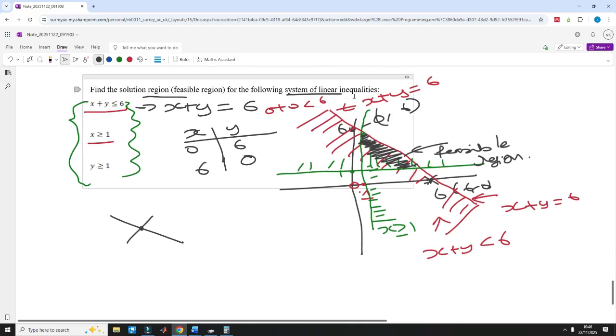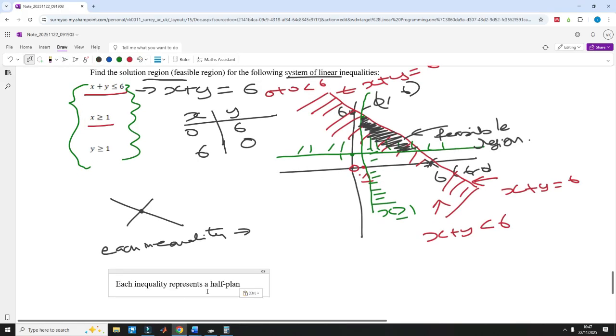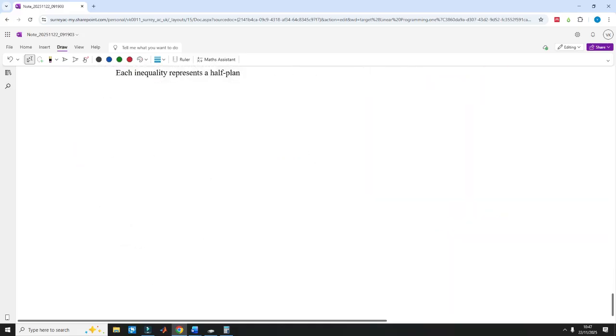To summarize, the geometric meaning is that each inequality represents a half plane. Let me copy paste it here so you can read it. So each inequality represents a half plane. This is what we learned.